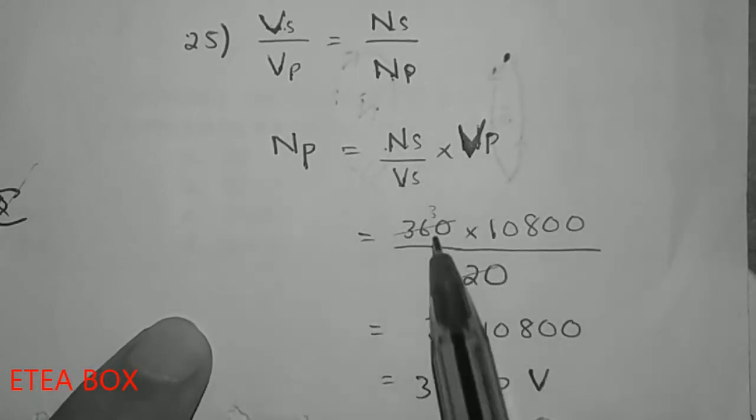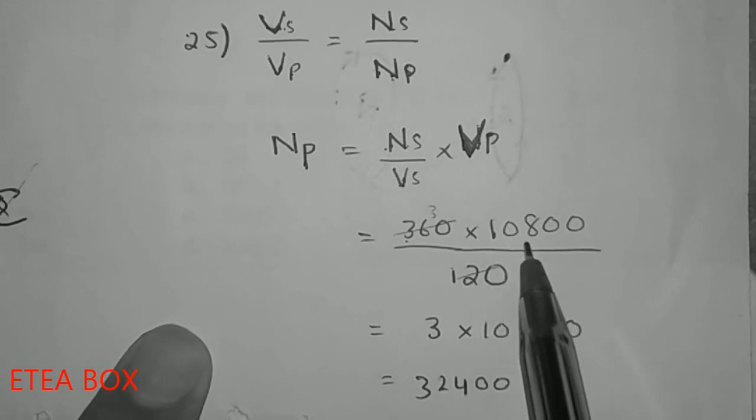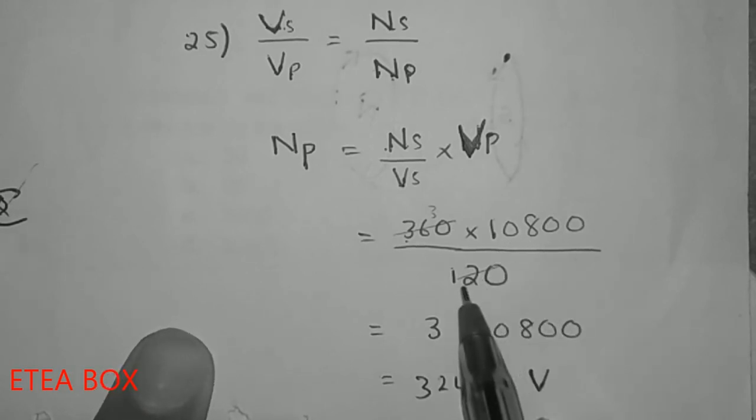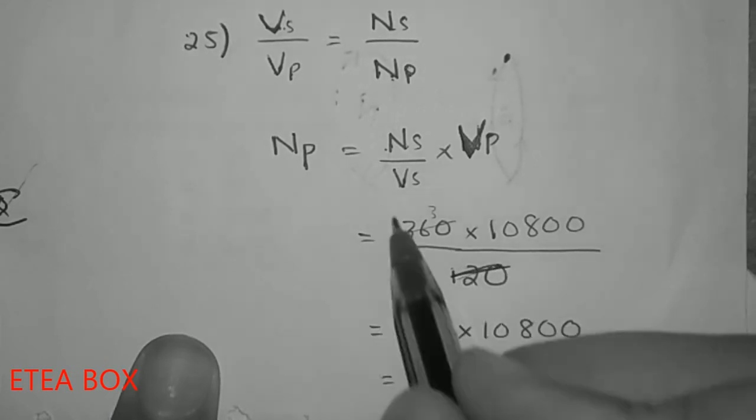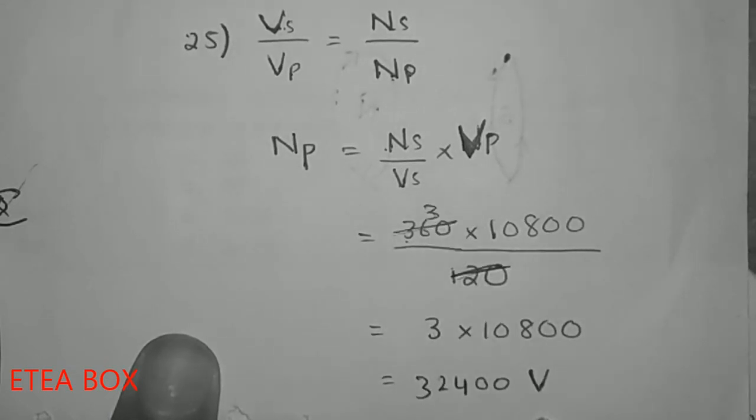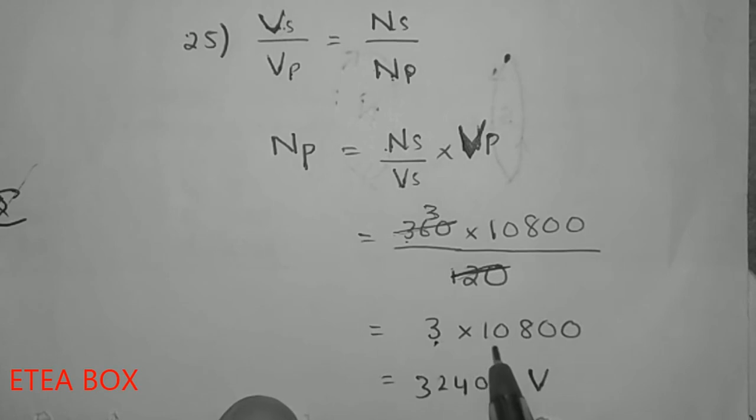Now 360 multiplied by 10,800 divided by 120. Now 120 times 3 is 360, so 3 multiplied by 10,800 will give 32,400.